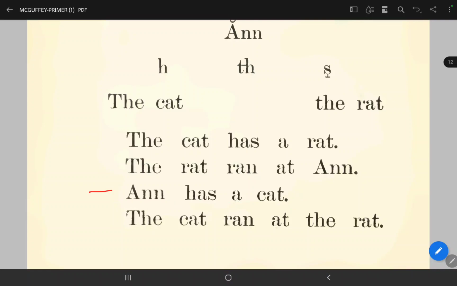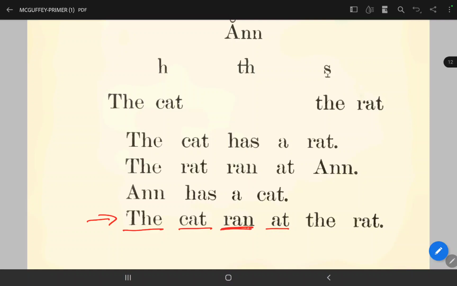Okay, now the last sentence. Start with T-H-E, the. C-A-T, k-at, cat. The cat. R-A-N. R says r. The A says a. Ra. The N says n. Ran.